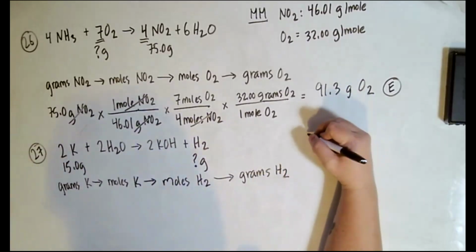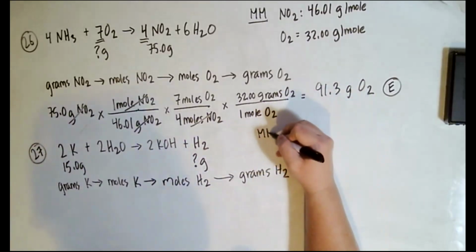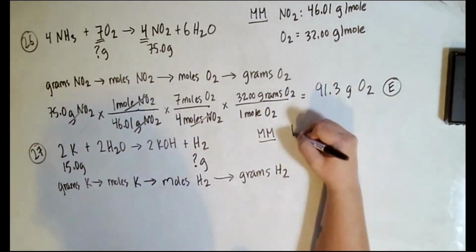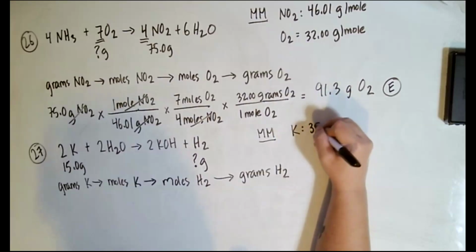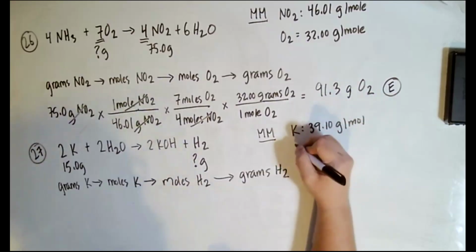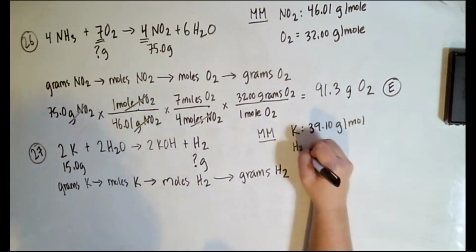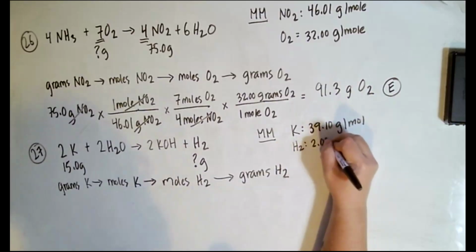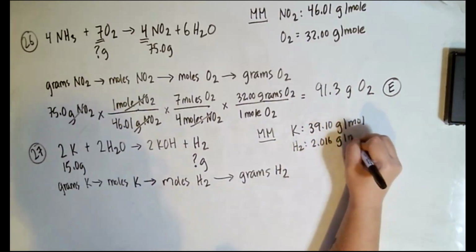Here are our molar masses that we're going to need for this part. The molar mass for potassium is 39.10 grams per mole. The molar mass for H2 is going to be 2.016 grams per mole.